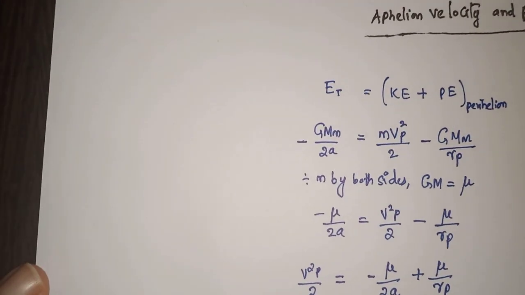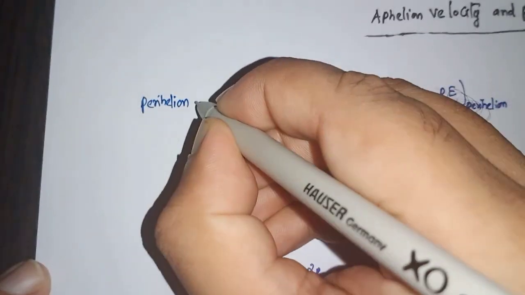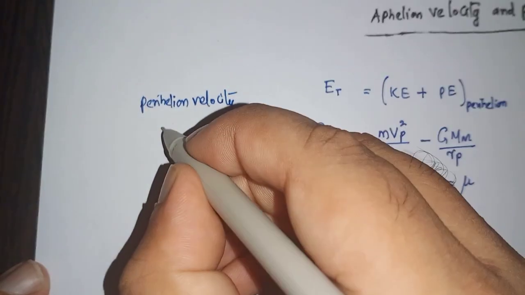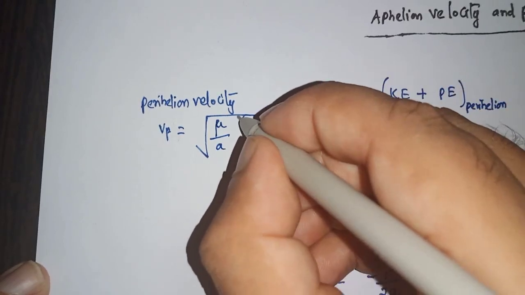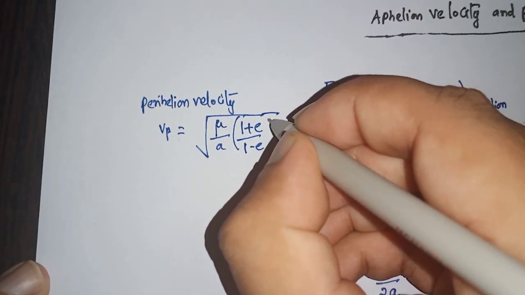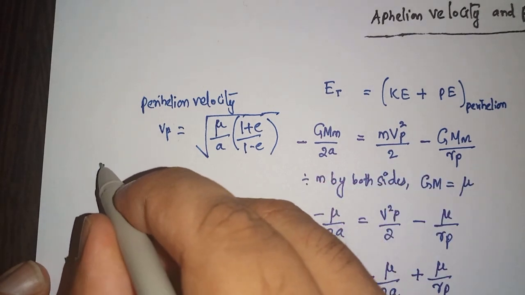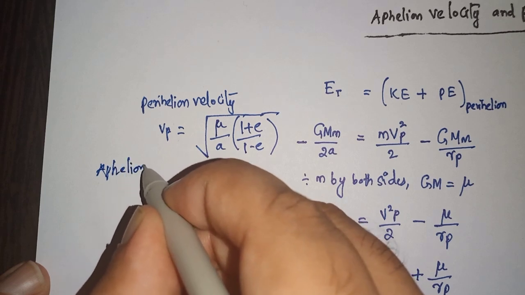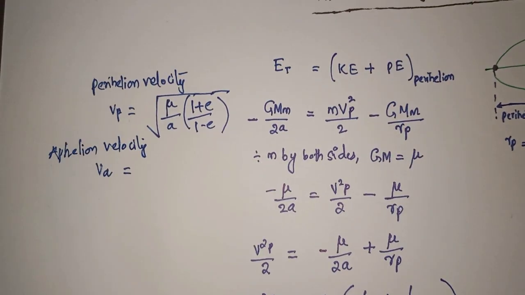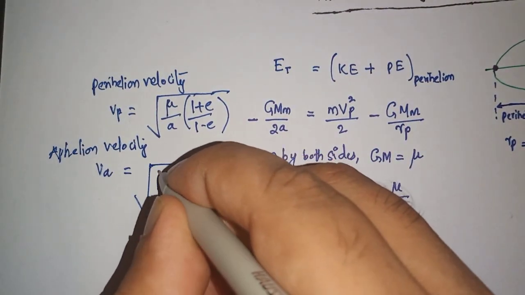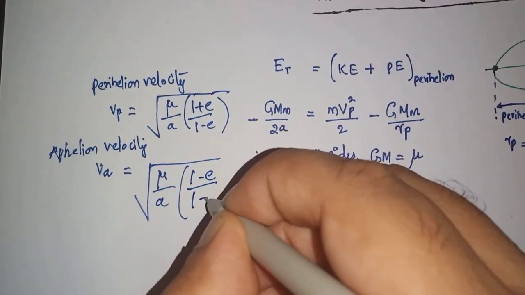That means your vp, your perihelion velocity, is given by root of mu divided by a into 1 plus e divided by 1 minus e, and your va, the aphelion velocity, is given by va is equal to root of mu by a. Now you can go with the reverse of this. You get 1 minus e by 1 plus e.